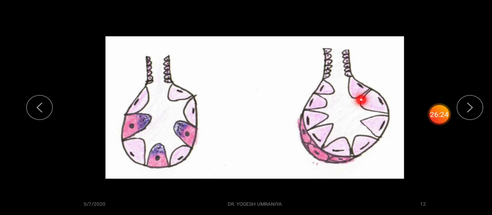And in this there is a fixation of the tissue that is done by the formalin type of the fixatives. So that is the difference as far as the fixation of the tissue is concerned. Here is the rapid freezing method and here is the formalin fixatives.